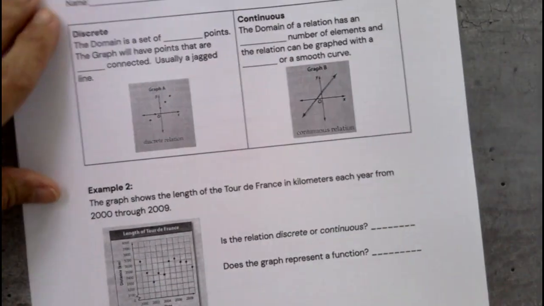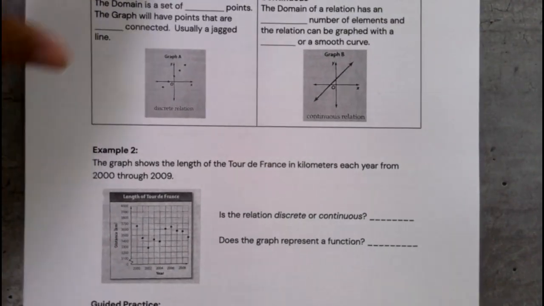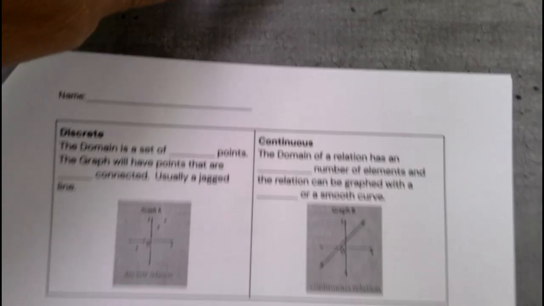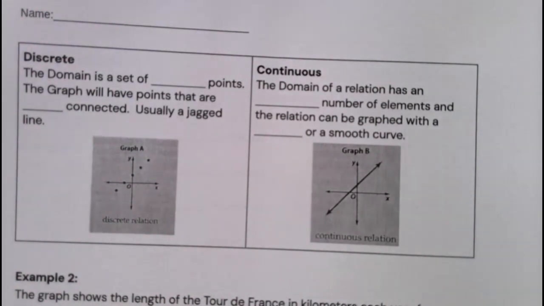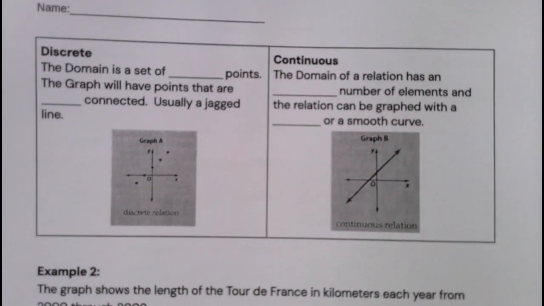Okay. Let's take a look at discrete and continuous. And I think this is a little more intuitive. Do you guys know what the word intuitive means? Intuitive kind of means common sense, okay? So when we talk about discrete, functions are a set of individual points. They're all individual.